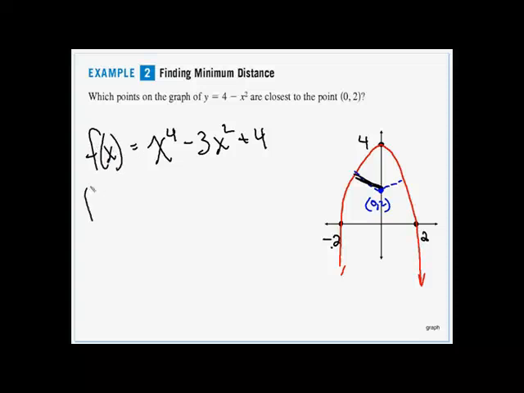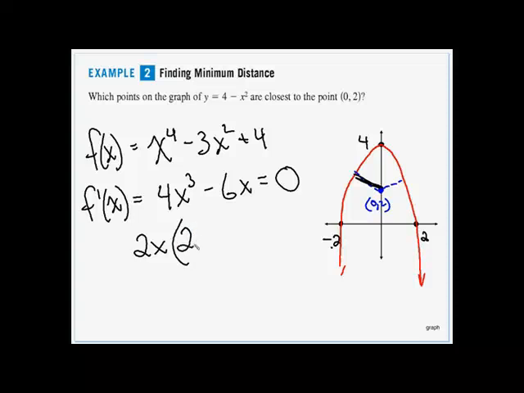And let's find our derivative f prime of x and use that to find our critical numbers. Well, our derivative is going to be 4x to the 3rd minus 6x, plus 4 derives to nothing. If we set this equal to 0, we want to factor the left side. So let's see, we can pull out a 2x, and then we're going to be left with a 2x squared minus 3, and setting that equal to 0.